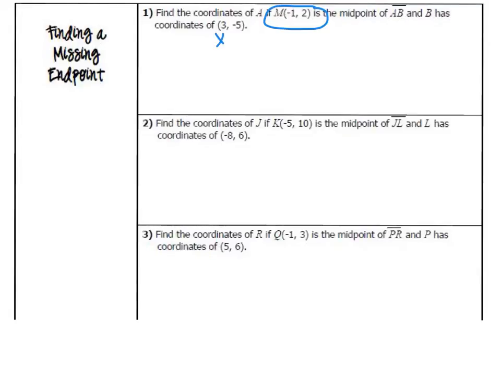So let's label that the second point, x2, y2, and you're trying to find x1 and y1. All right, so thinking about your formula, you're going to average the x's. You don't know the first x, so you're going to fill in x1 plus x2, which is 3, divided by 2.